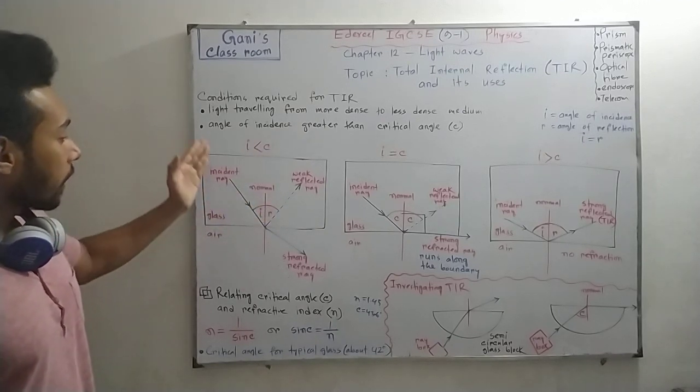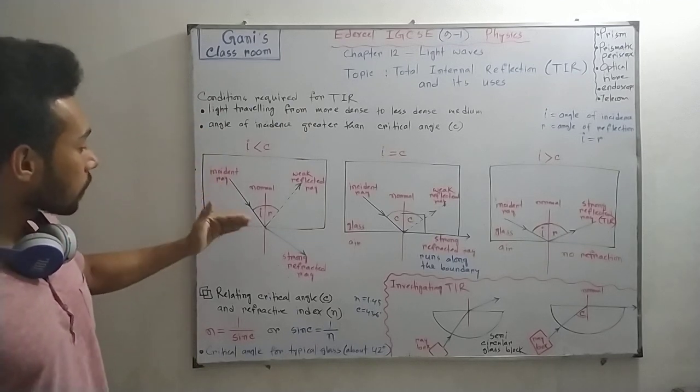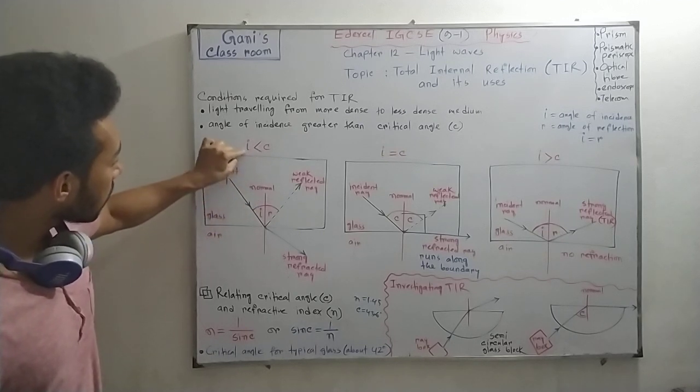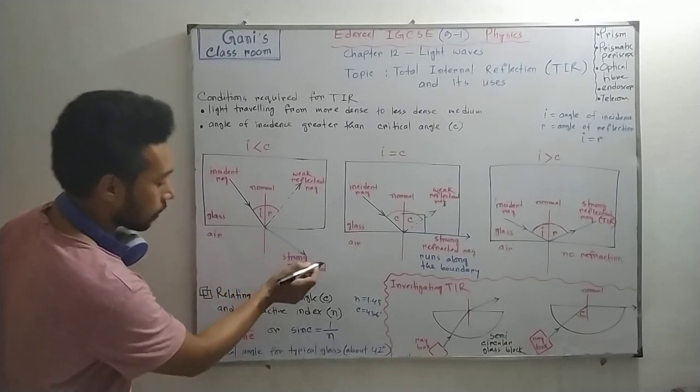So when the light strikes the boundary from a more dense to a less dense medium with an angle smaller than the critical angle, the light is refracted strongly.